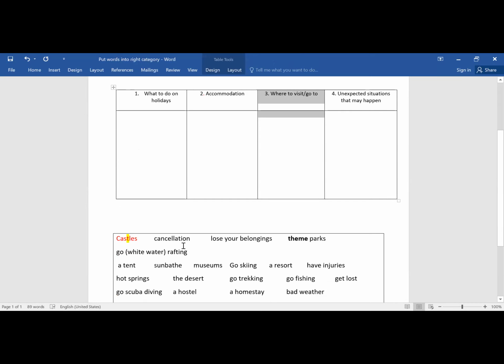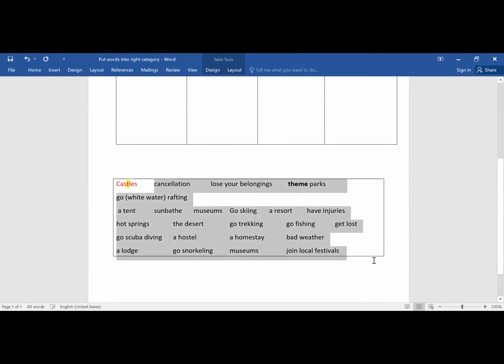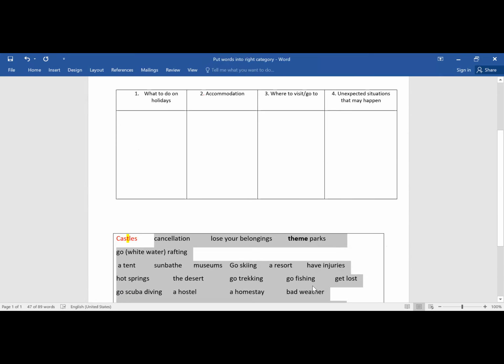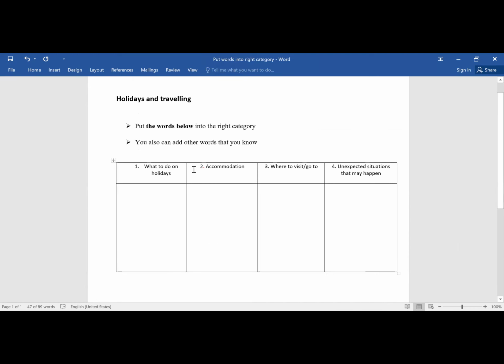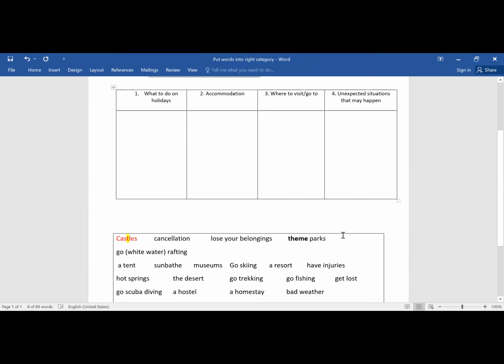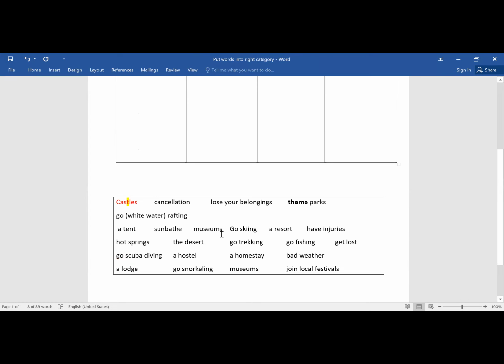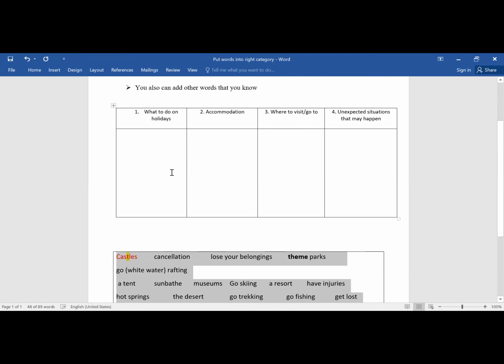Now let's look at the words here and choose the place where you will put the words. And here you also can add other words that you know. So I try to help you. I'm trying to make you become familiar with the words that usually appear in an IELTS recording. However, if you know other words, feel free to put them here.